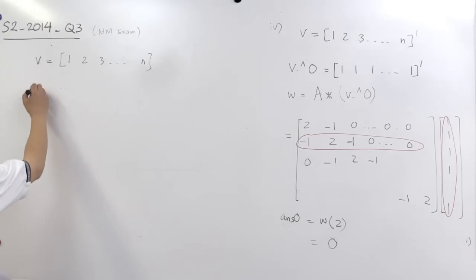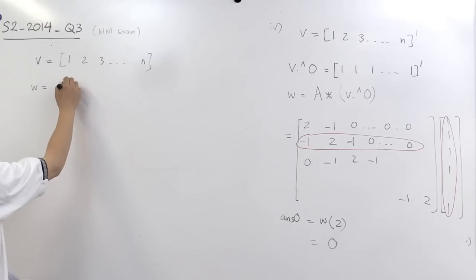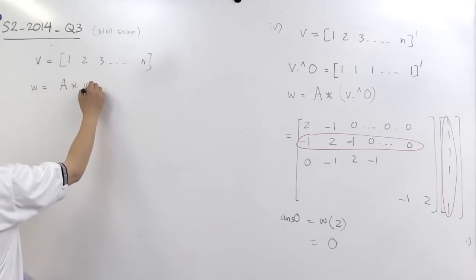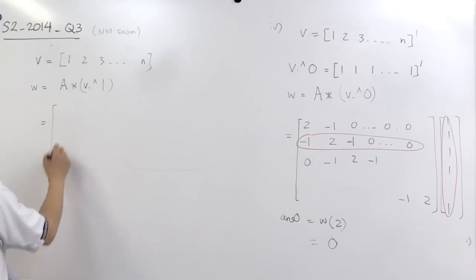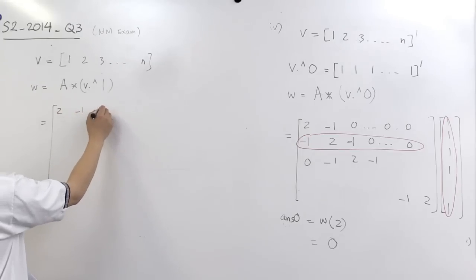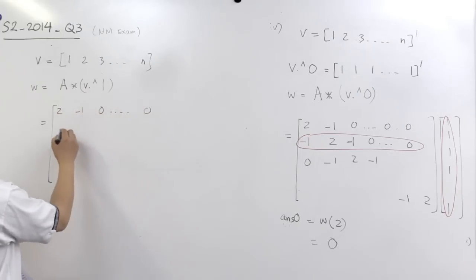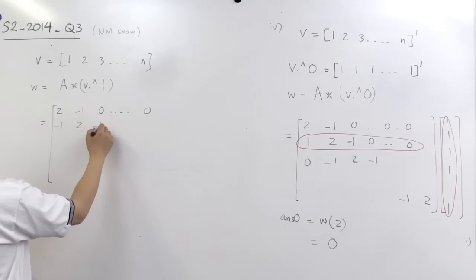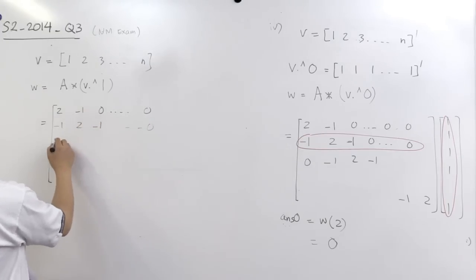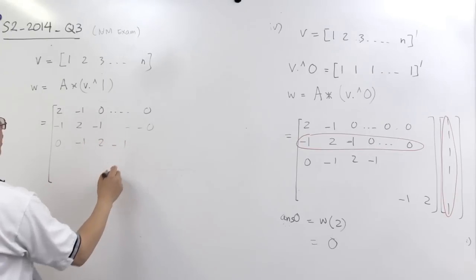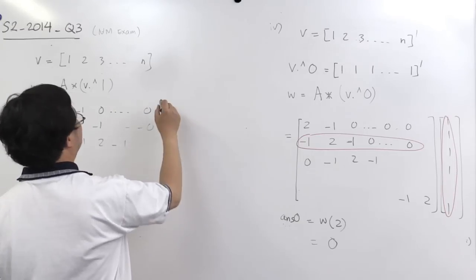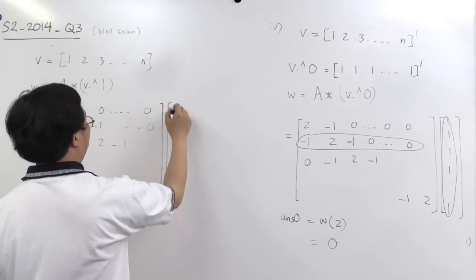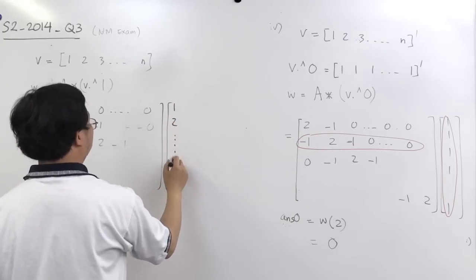Now we compute W equal A times V raised to the power 1. So A has 2, minus 1, 0, then minus 1, 2, minus 1, 0, minus 1, 2, minus 1, and you multiply with the vector that has 1, 2, 3 up to n.